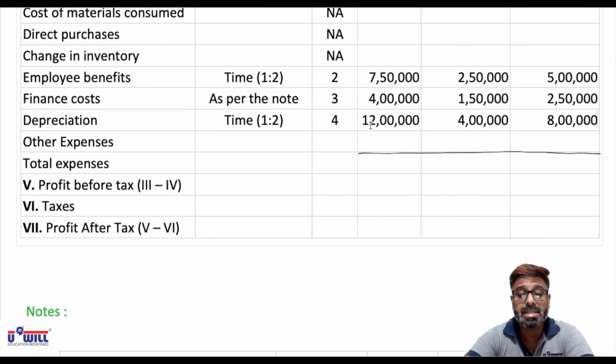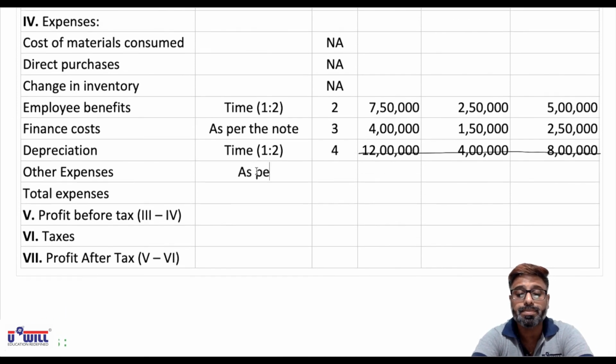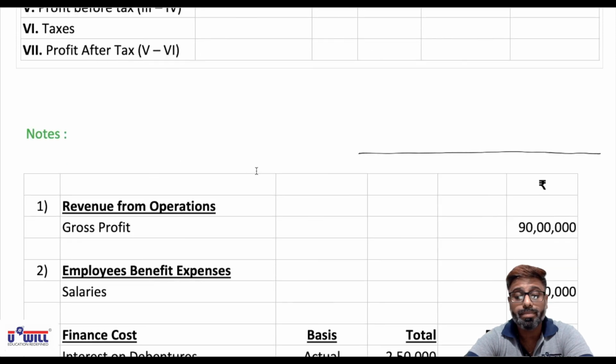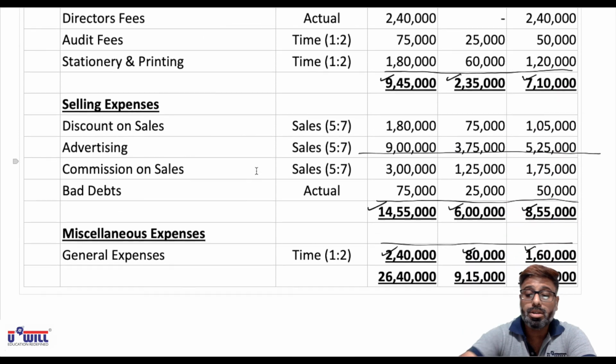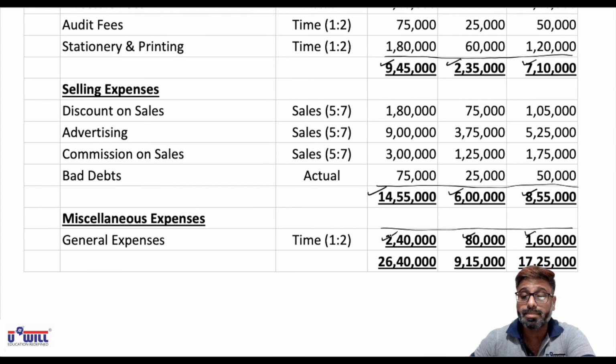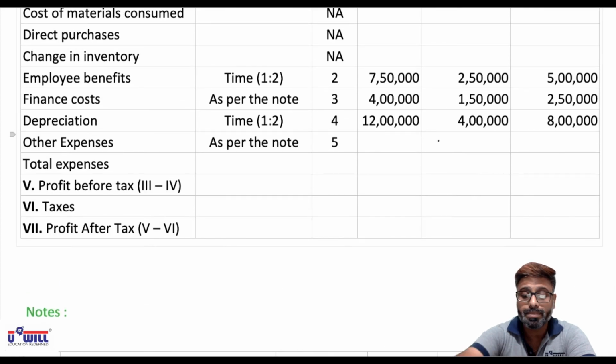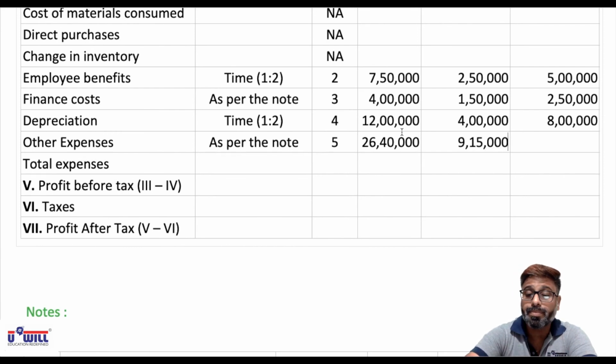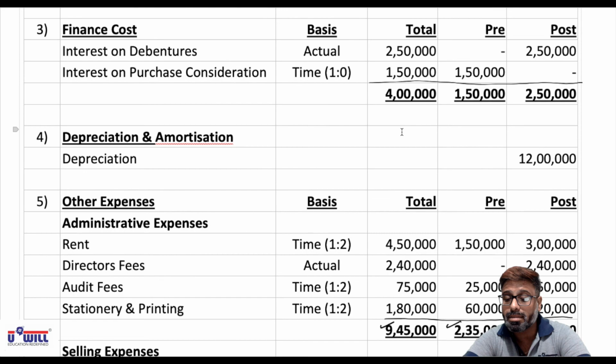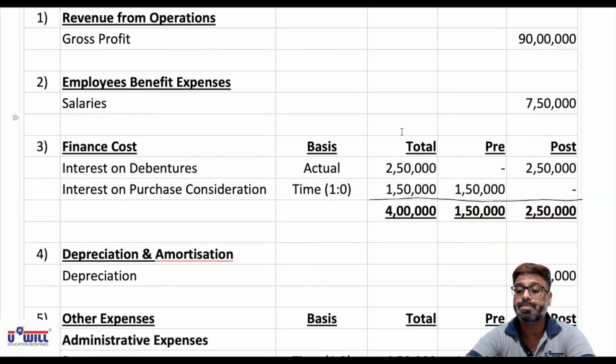Then other expenses as per the note, note number 5. You can see the total amounts: 26,40,000, 9,15,000 and 17,25,000.